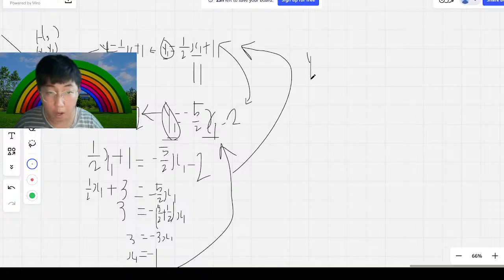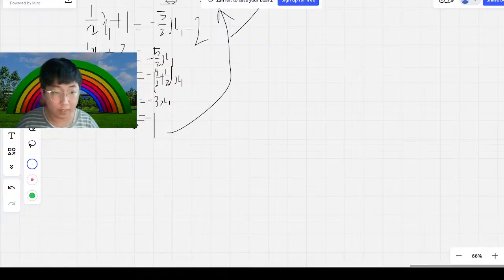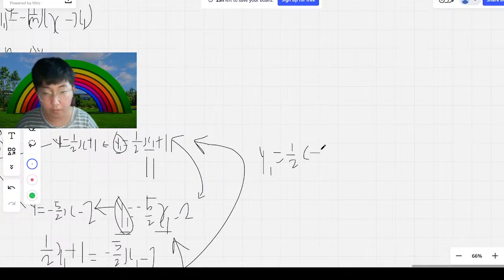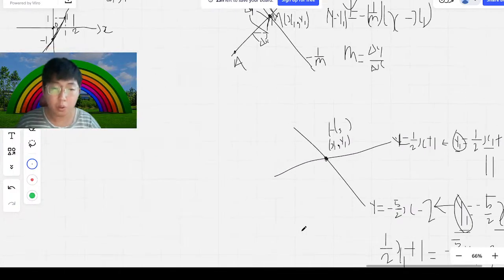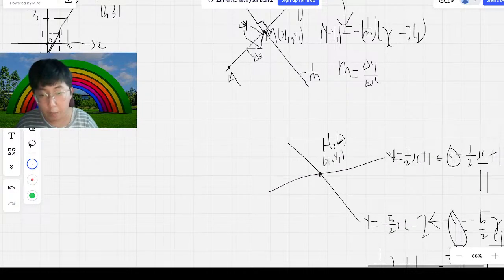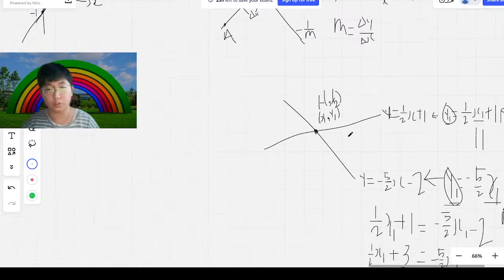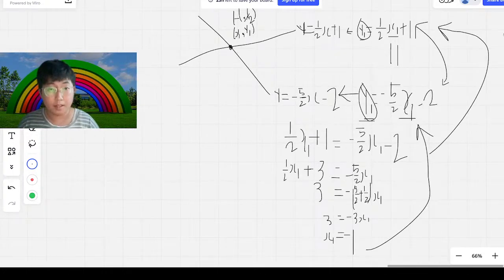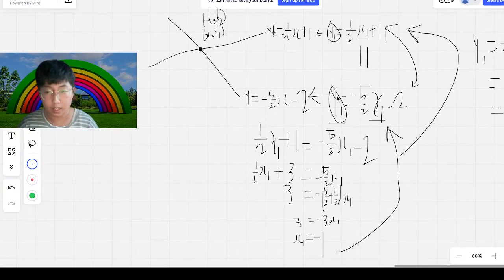Then y1 is equal to 1/2 times x1, which was -1, and then we plus 1. Then we get -1/2 plus 1 is equal to y1, which gives us 1/2. So now we know that these two lines meet at the point (-1, 1/2). So this is what we mean by simultaneously solving these two.